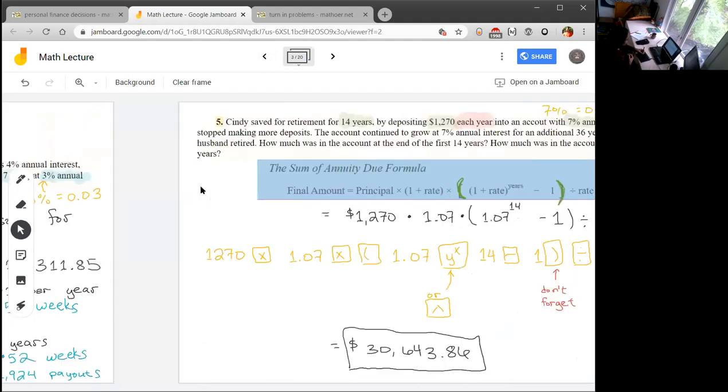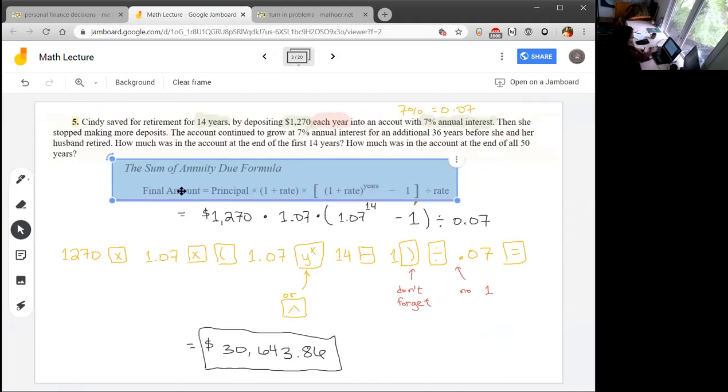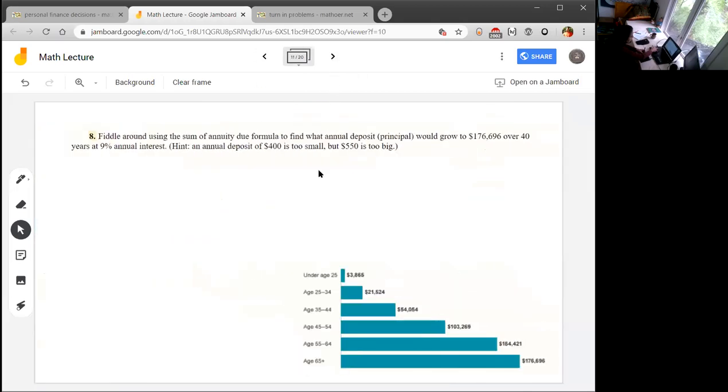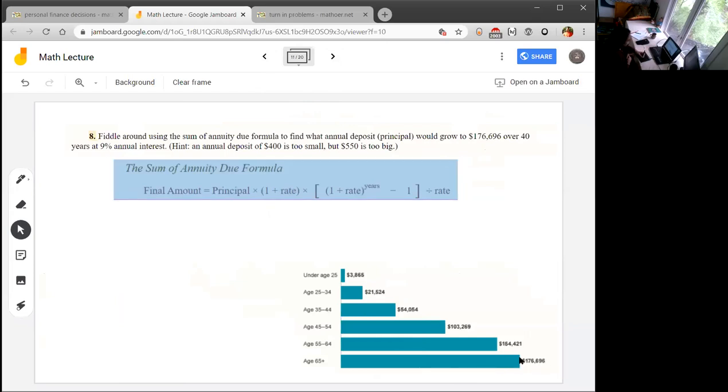There we go. Imagine somebody is trying to save up to have that average American nest egg at age 65, then what would they need to do?